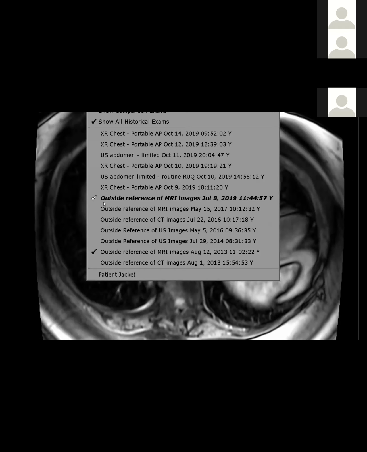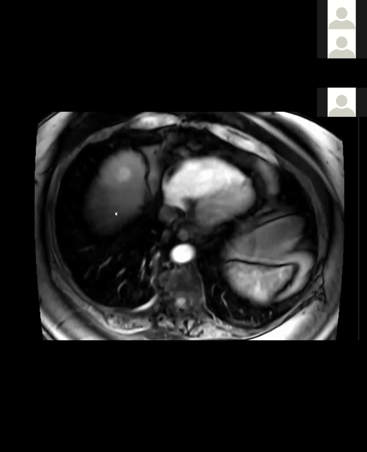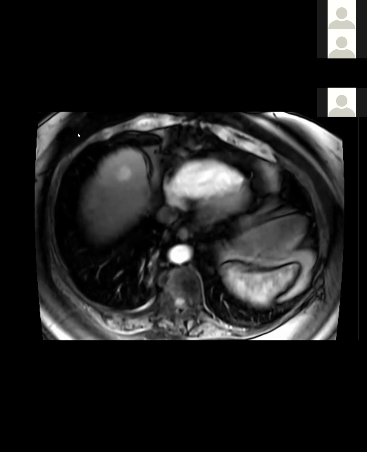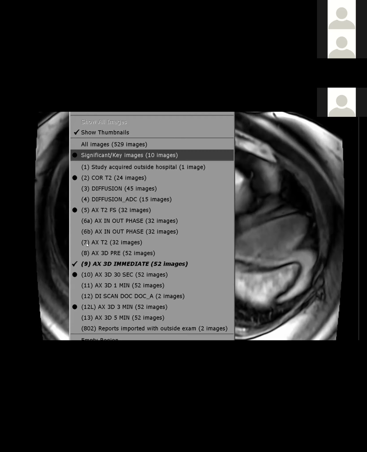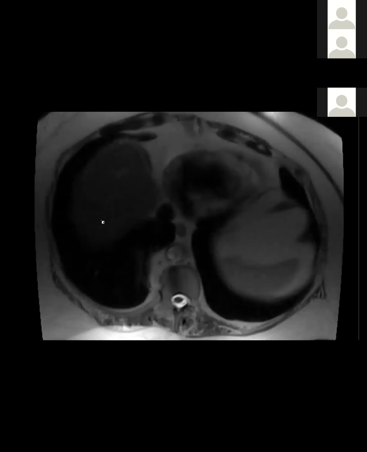Just to give the other side of the story, I feel like that T2 is pretty abnormal for hemangioma. I personally don't think I would have called it a hemangioma, but I haven't seen one that looks like that.